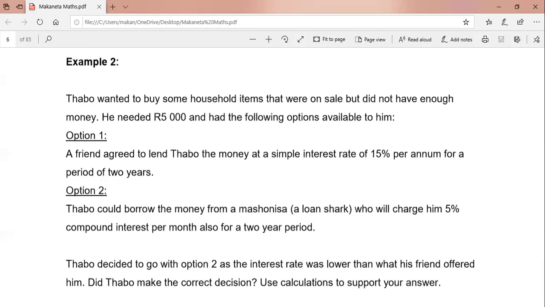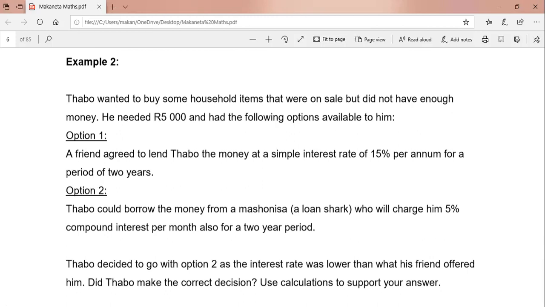And then again, there is this element of the type of options which one can make, especially if you are faced with two different scenarios. In scenario one, we know that Thabo wanted to borrow 5,000 rands, and there are option 1 and option 2.